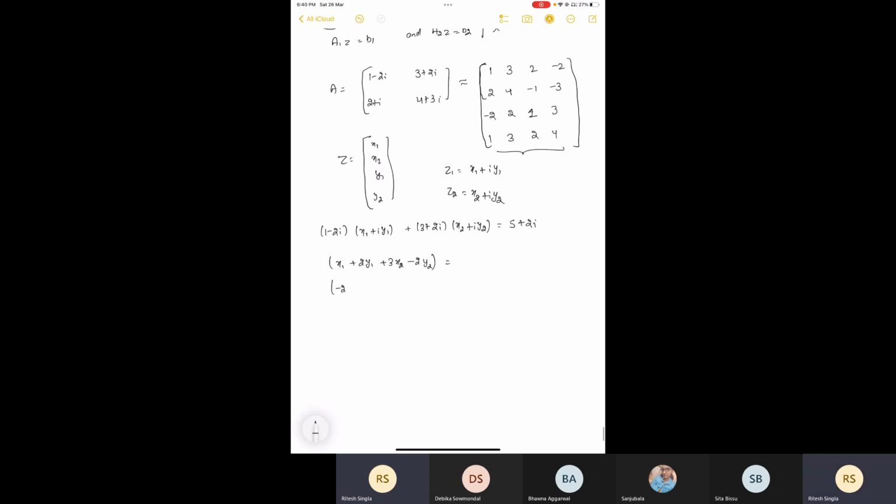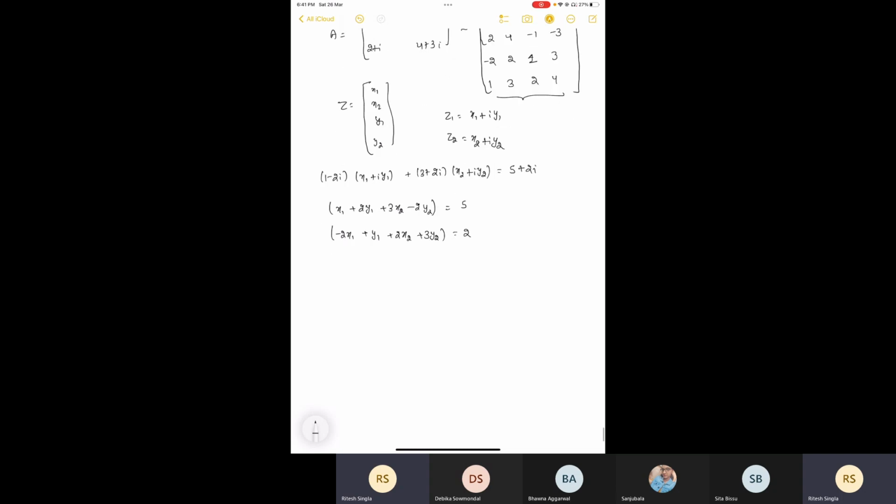Another equation will be minus 2x1 plus y1 plus 2x2 plus 3y2, equal to 2.